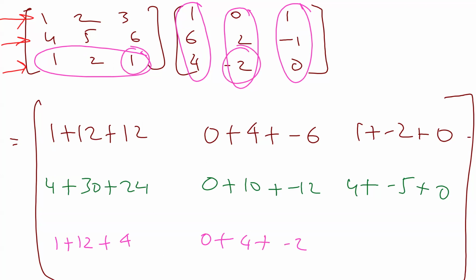Perfect. And then it is 1 into 1, which is 1, 2 into -1, which is -2, and 1 into 0 is 0. The solution part you can do it at home, the final answer of this. But yes, how to solve it should be absolutely very clear.